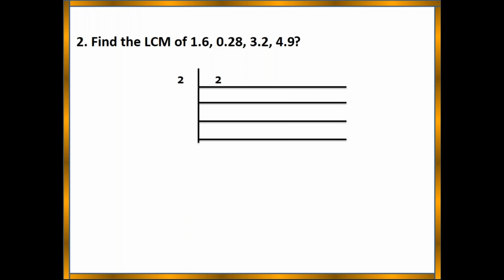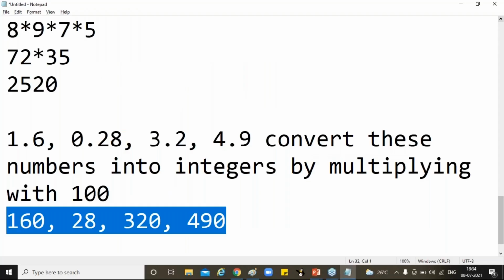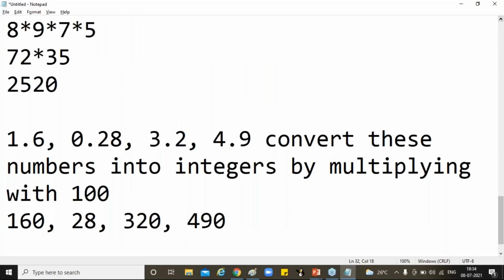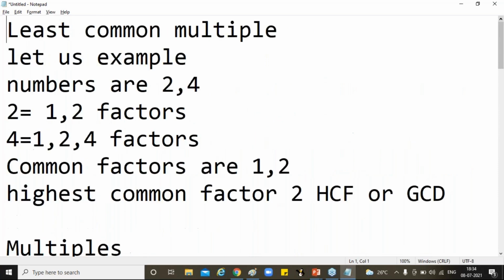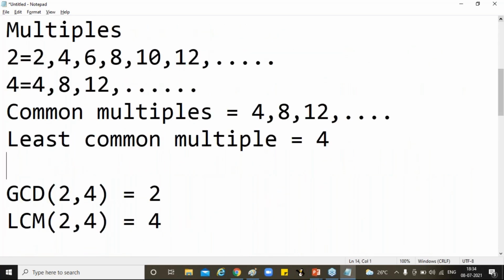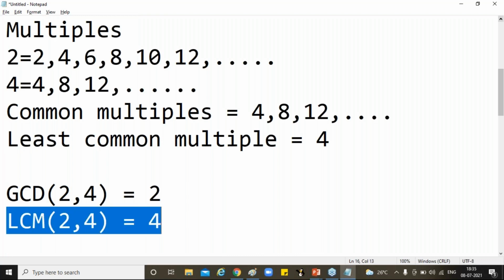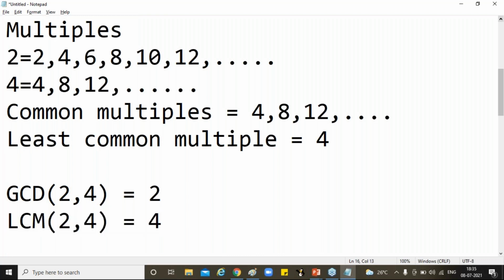160, yeah. One more small clue here. Previously, did you observe 2, 4? What is the LCM of 2, 4? 4.